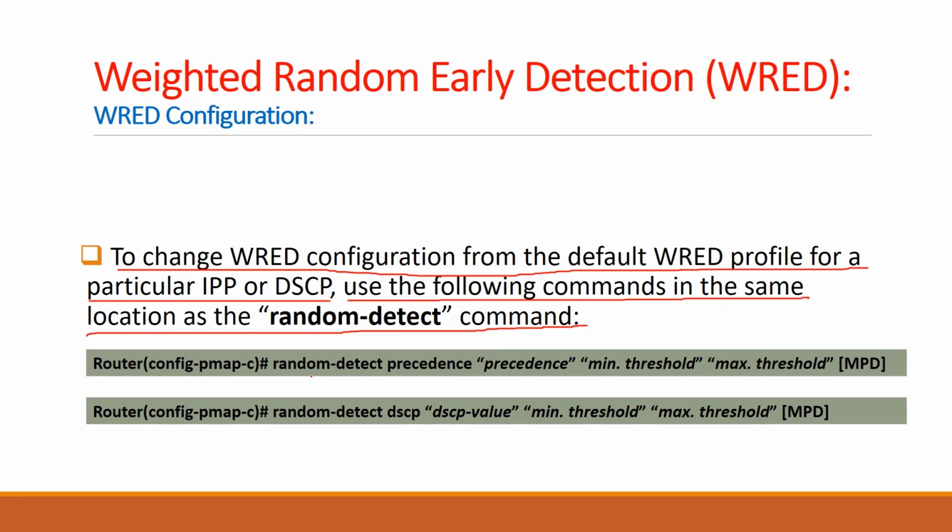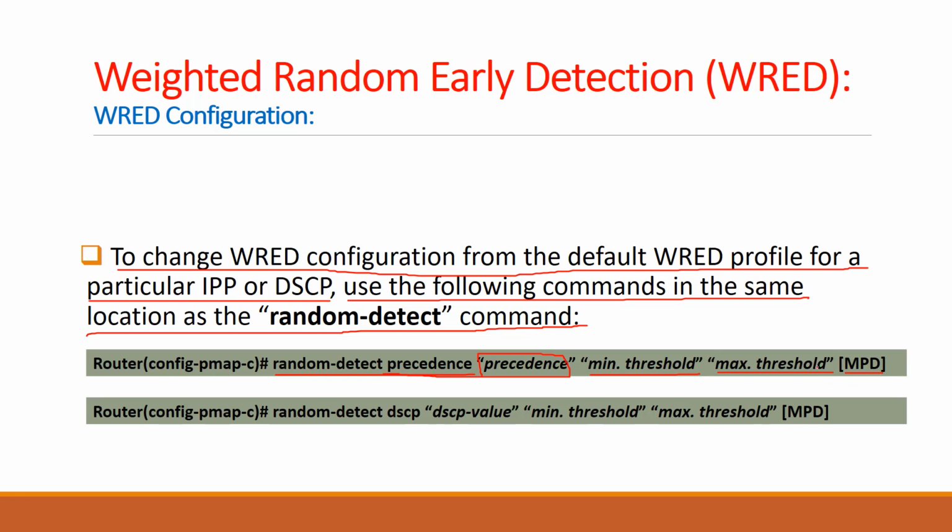As you can see here, and we will do that in the configuration on Packet Tracer, when you use random-detect, precedence-based is the default. When you configure a custom traffic profile, you use precedence and a number from 0 to 7, and the minimum threshold, the maximum threshold, and the MPD.